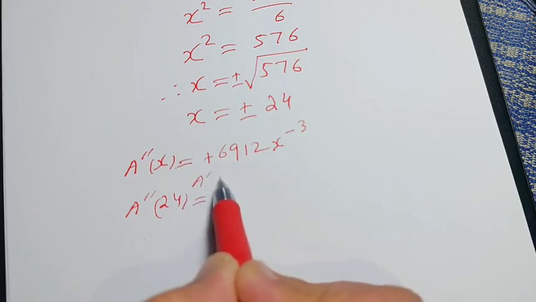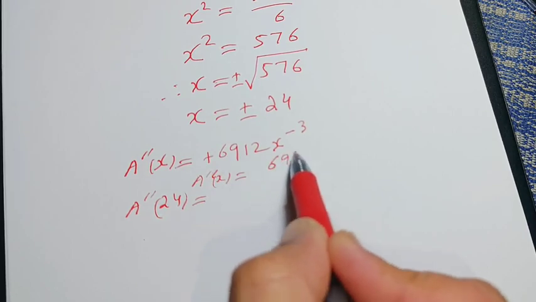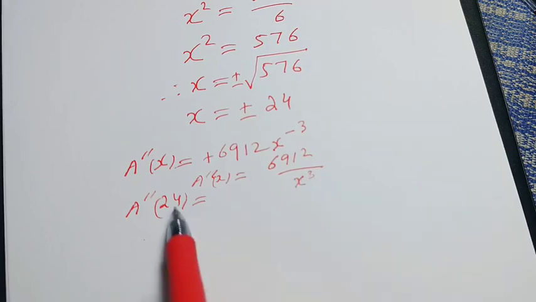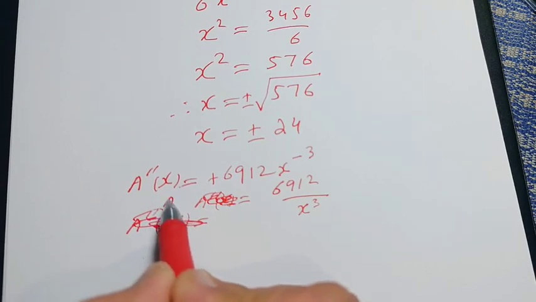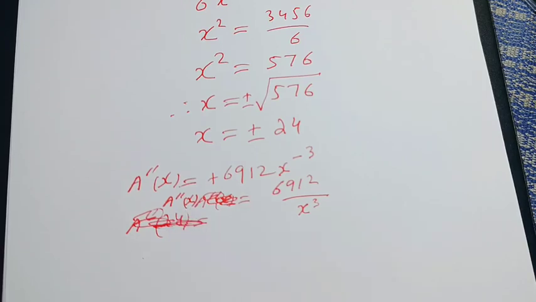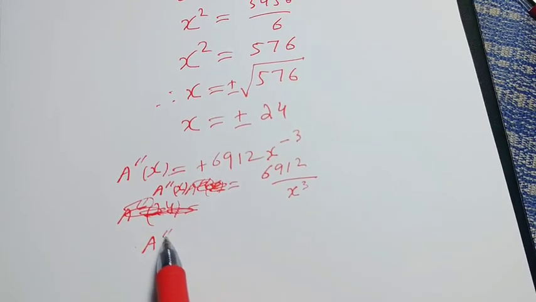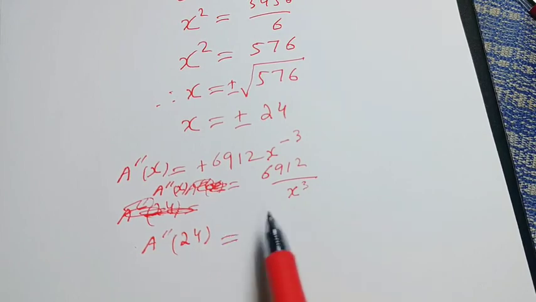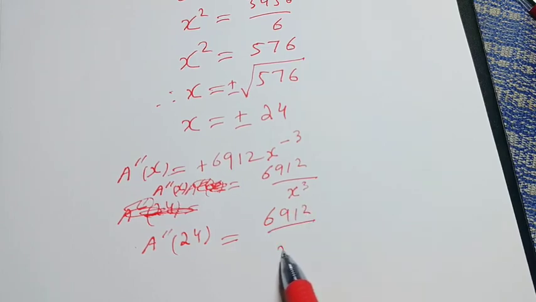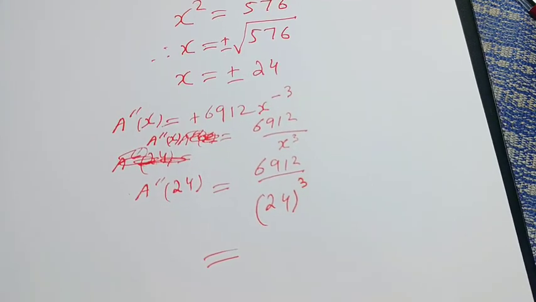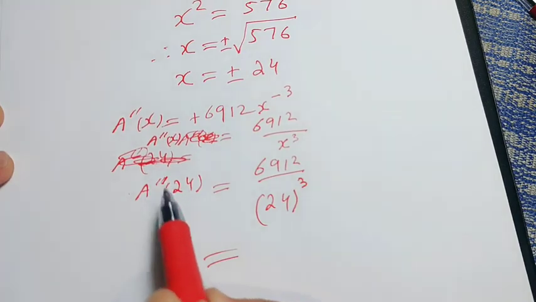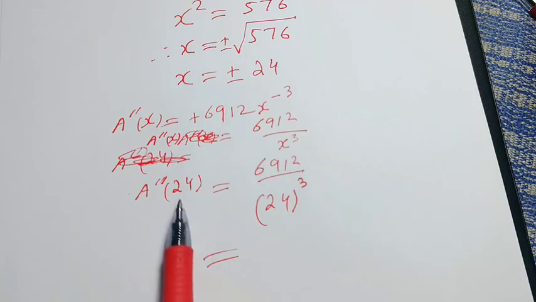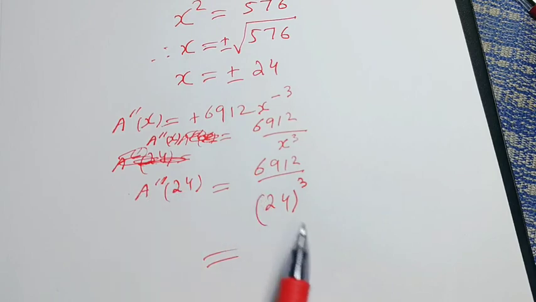So the second derivative, I pull down, is 6912 over x power 3, positive exponent. Now in the second derivative, I'm going to substitute positive 24 to see if it is a minimum or maximum: 6912 over 24 power 3.